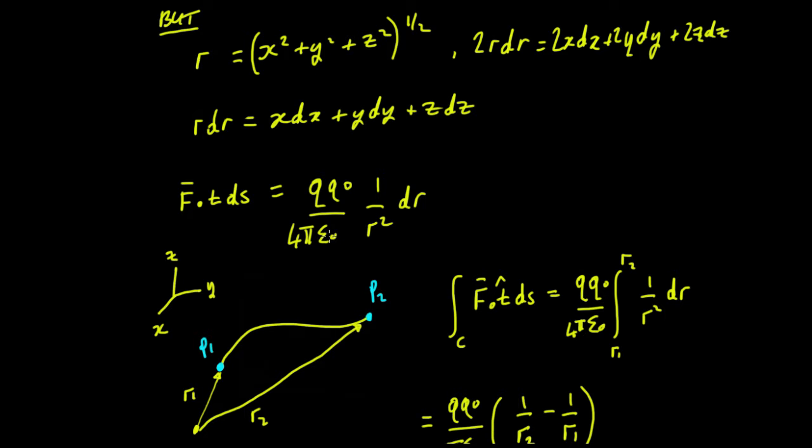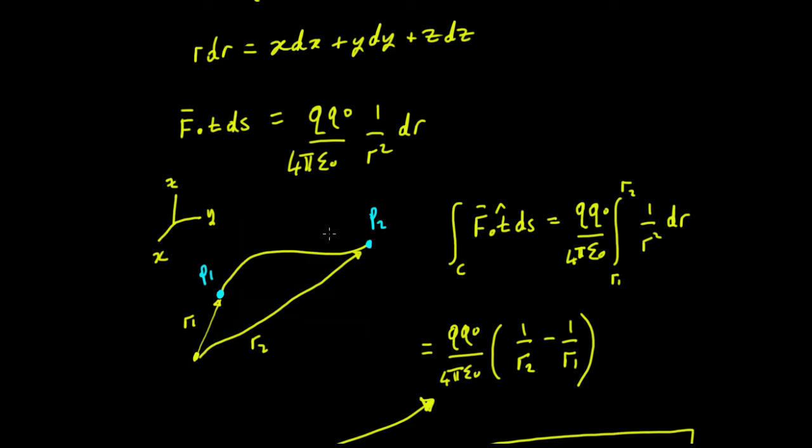Now what we're going to do is take 2 points on a curve. We start off at point 1 and then we've got another point 2 here. If we were to do this integral along this curve, we'd be integrating this from R1.